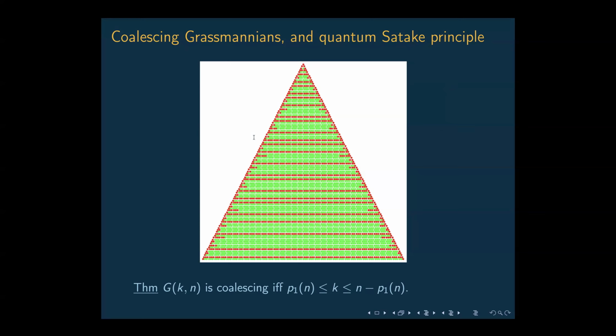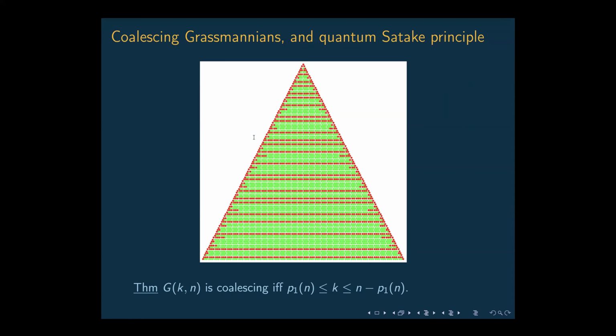Well, when I asked my computer to draw such a picture, I was shocked by the density of green dots. It turned out that this coalescence phenomenon was appearing much more than what I expected. And not only that, I actually realized that there were some red lines, lines with just red dots. And then I started to count these red dots, and I realized that these lines correspond to Grassmannians of subspaces in C^n where n is a prime number.